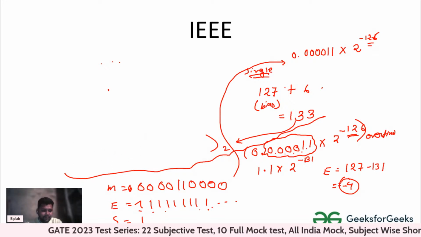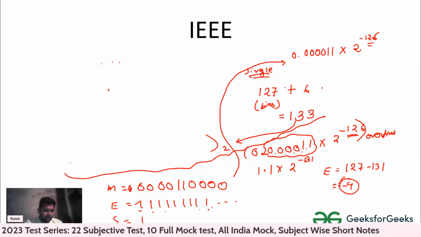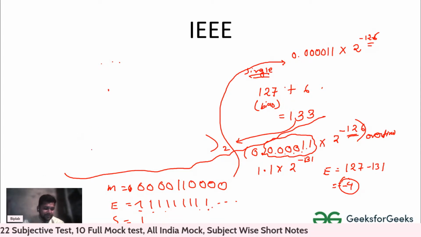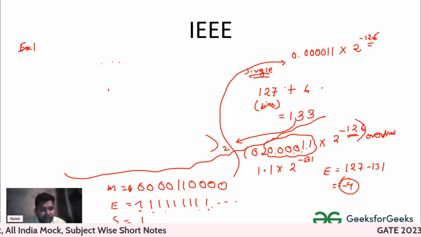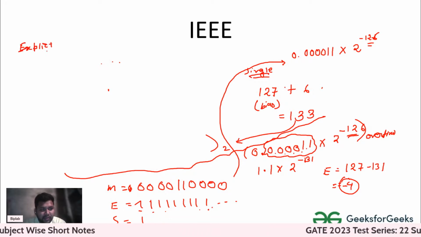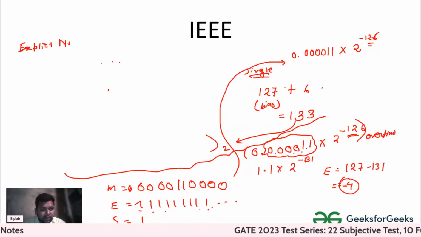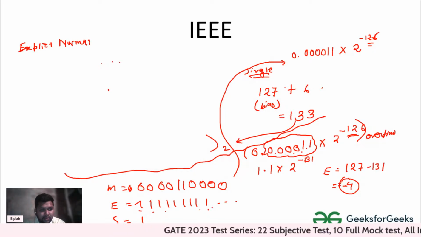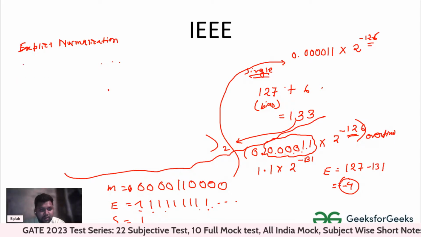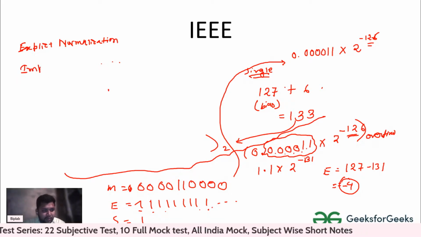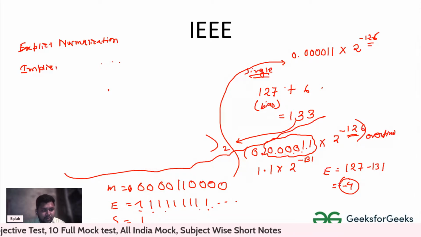So you can have explicit normalization or implicit. What is the difference?